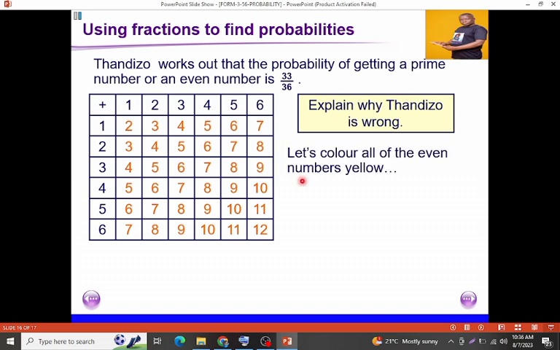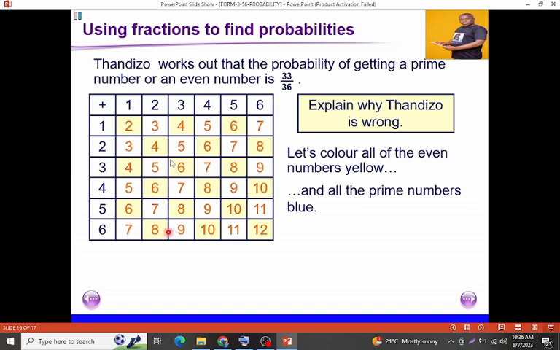Okay, so let us call all the even numbers yellow. So even numbers include 2, 4, 6, 8, 10, and 12. How many do we have?